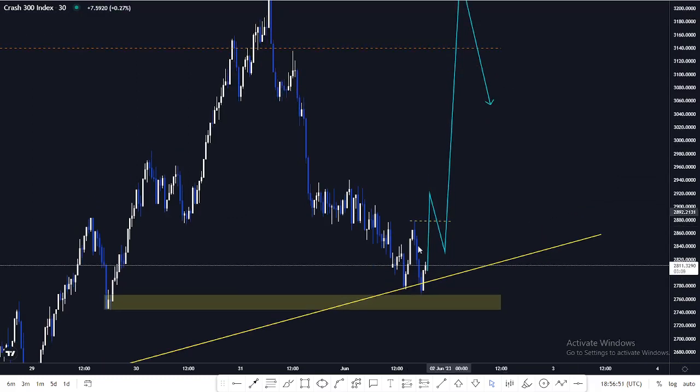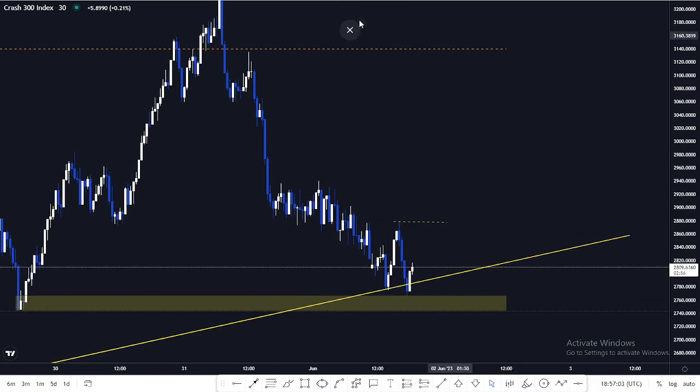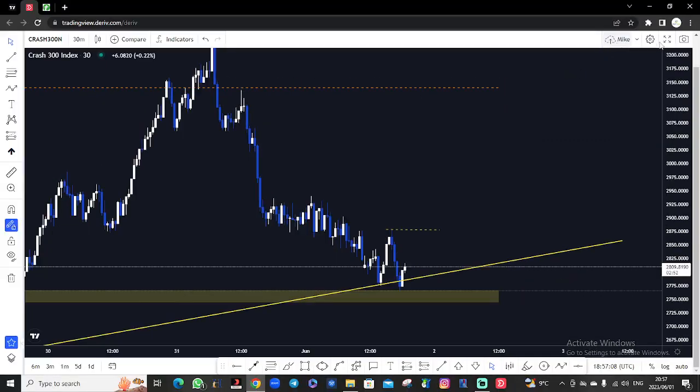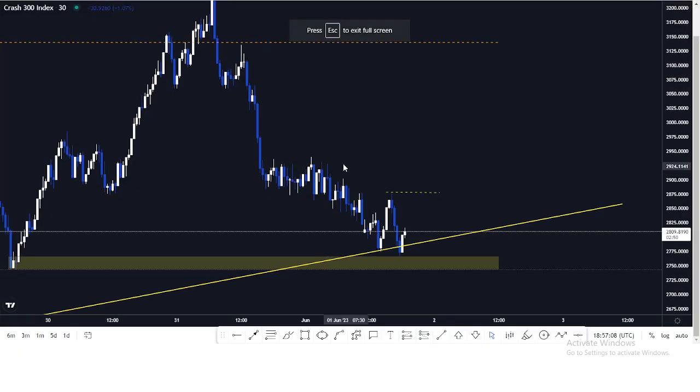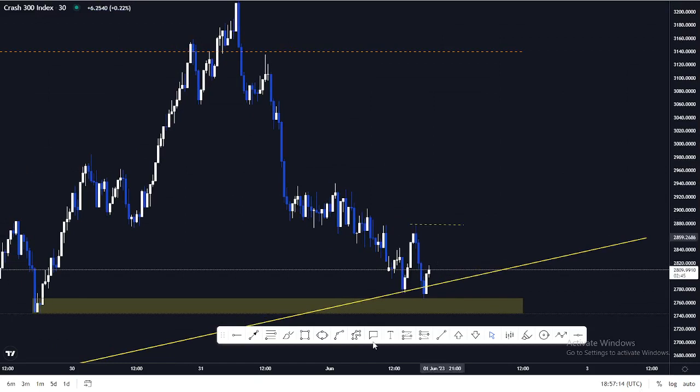I'm simply now waiting for these much more confirmed entries, that's where I go aggressive. So far I'm still in conservative trades, which are just trades with the normal day-to-day risk that I use. The aggressive entries, I'm going to enter them after this confirmation that I'm telling you about.